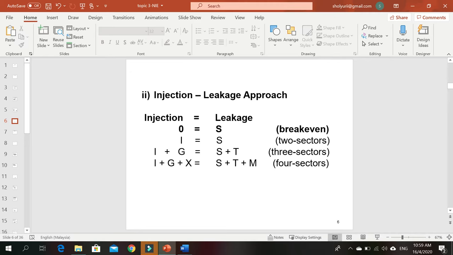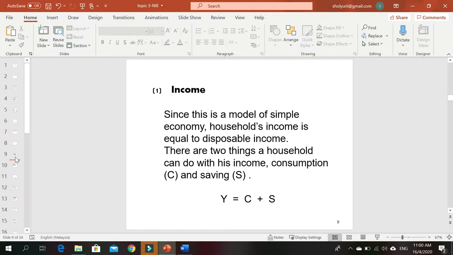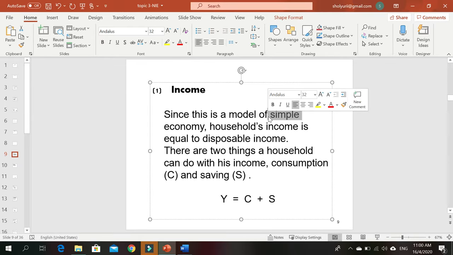So, before I explain further about the formula, I already do the summary about this formula. Kita tengok dulu apa yang important. Okay. So, income. Okay. So, concept of income. Since this model is a simple economy, okay, bila disebut simple tu maksudnya household and firm sahaja yang ada. Maksudnya 2 sektor sahaja masa tu. Household income is equals to disposable income.